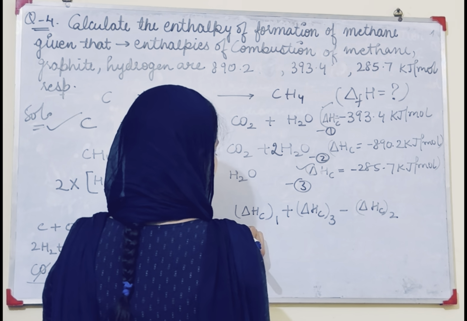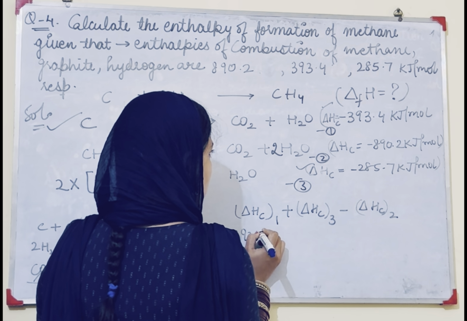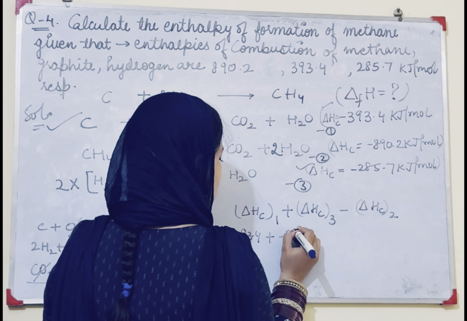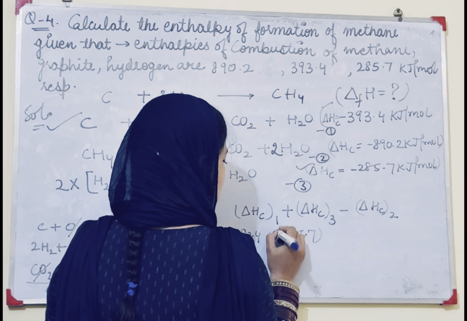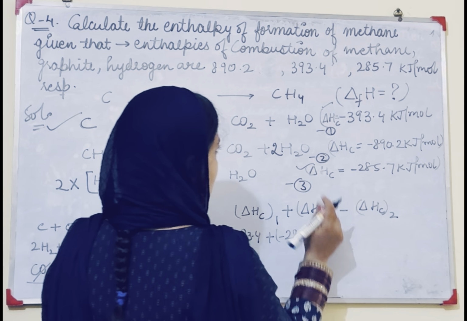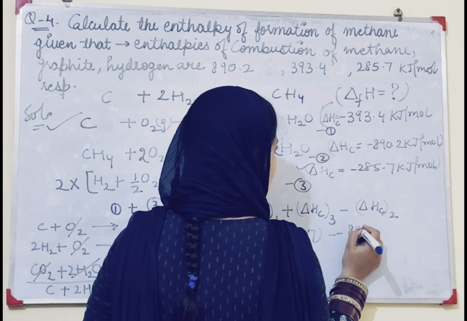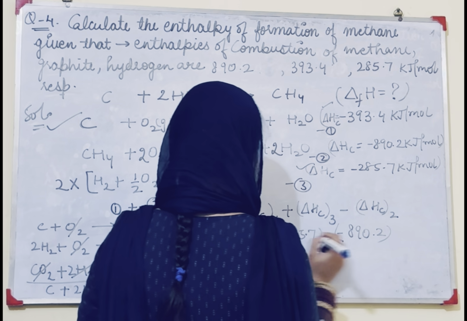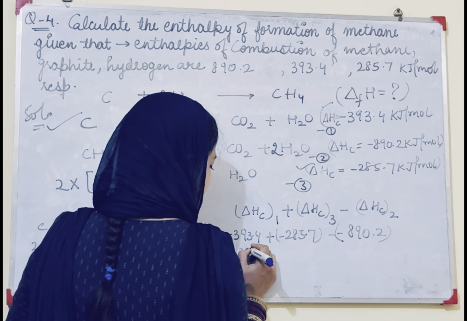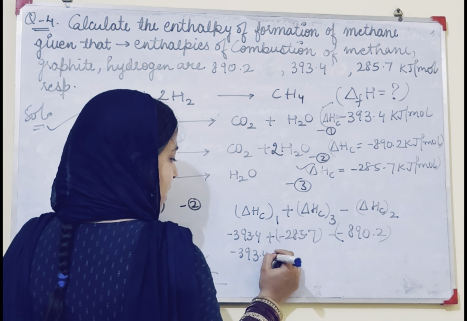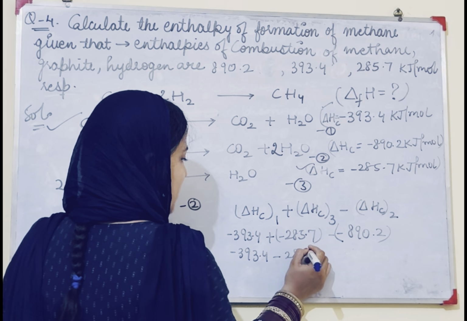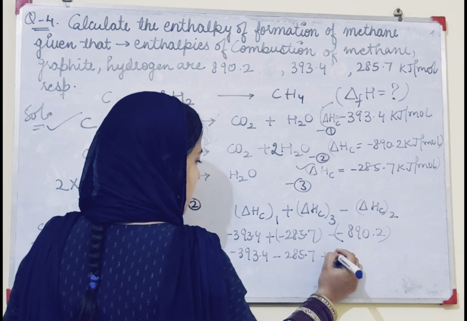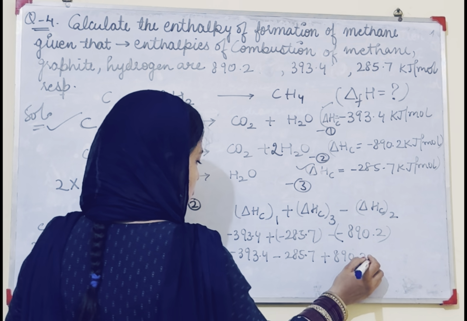Now put the values, minus 393.4 plus minus 285.7 minus 890.2. That is, minus 393.4 plus minus 285.7 minus plus 890.2.